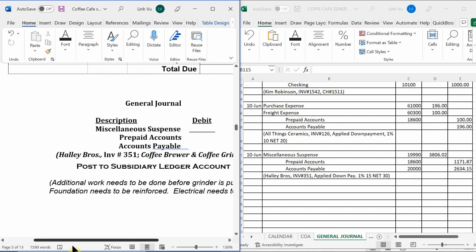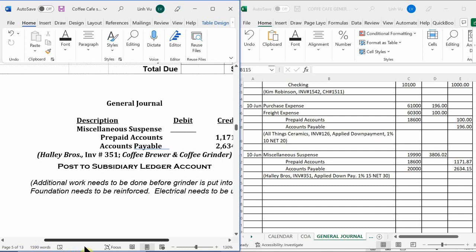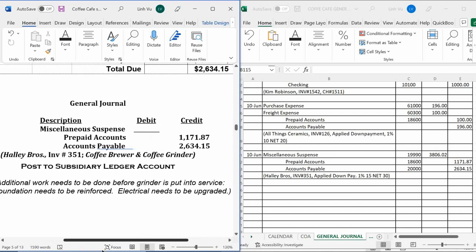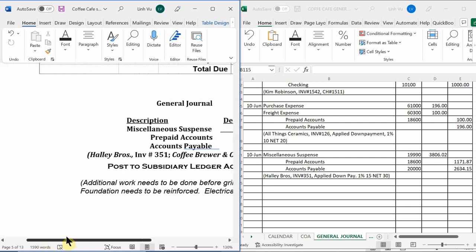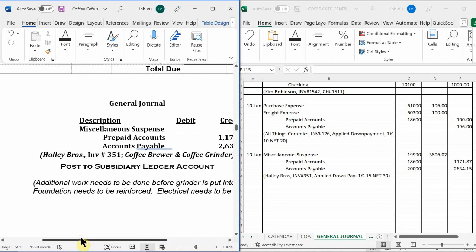A foundation needs to be reinforced and the electrical wiring needs to be upgraded, okay? So maybe we're upgrading the electrical wire unit so the socket wouldn't blow out because of how much electricity we're using in one piece of equipment. So maybe it needs to be upgraded to a better, more feasible, what do you call it?